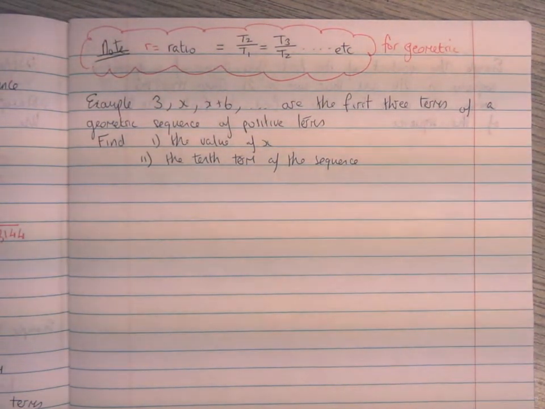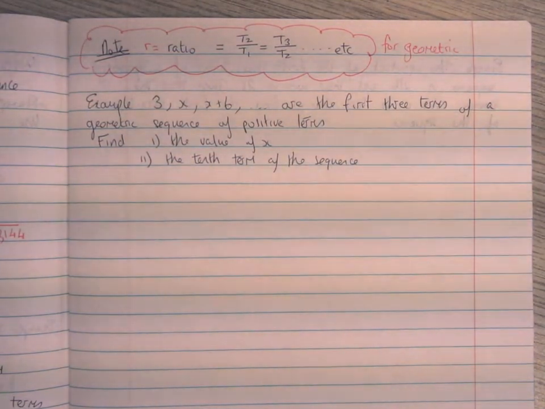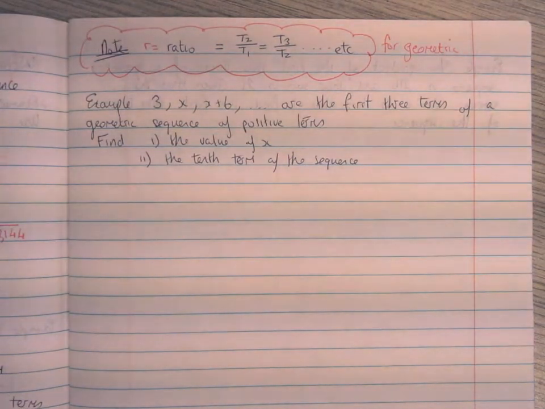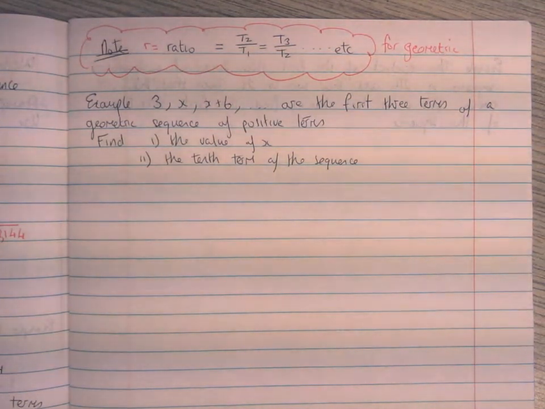So when we have a geometric that has unknowns in it, all we're going to use is the fact that if I put the 3rd term over the 2nd term, it will be equal to the 2nd term over the 1st term. So 3x and x plus 6 are the first 3 terms of a geometric sequence of positive terms. Find the value of x and then find the 10th term of the sequence.